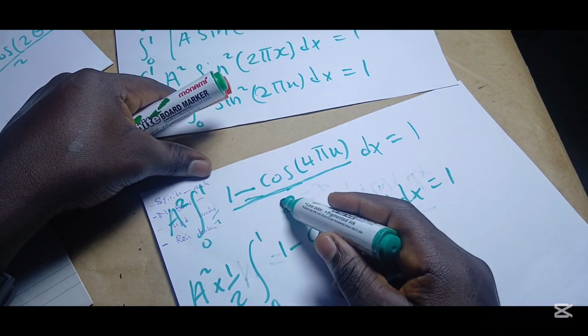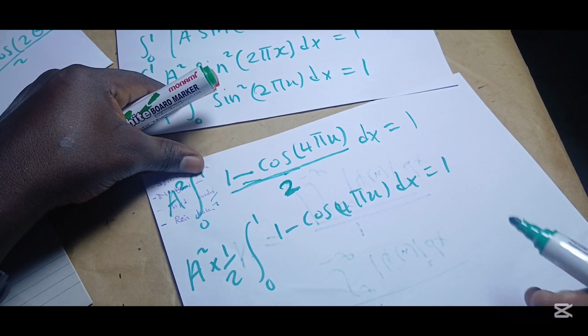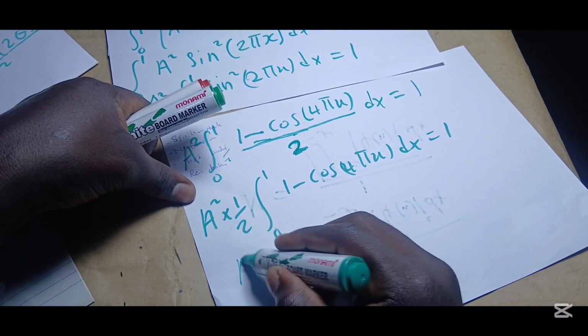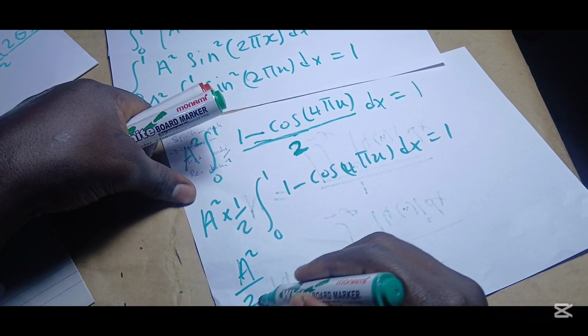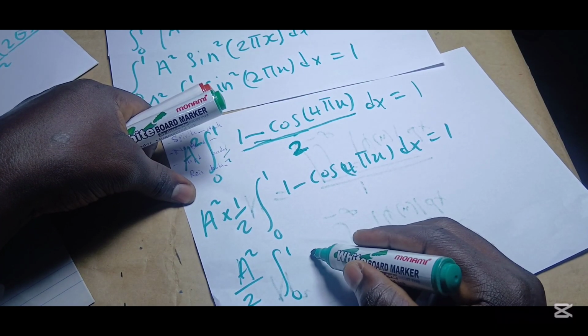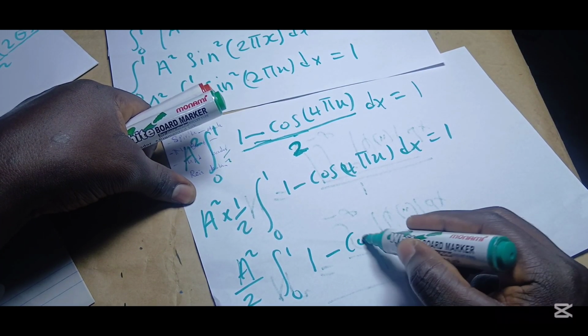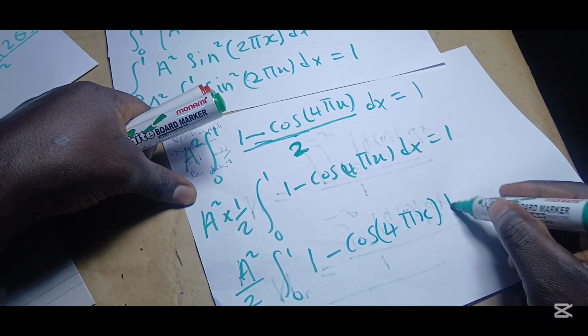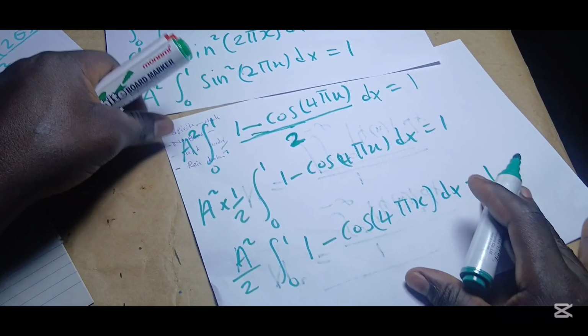We just factored 2 out. So now we can simplify this as a squared over 2 integral from 0 to 1 of 1 minus cos 4 pi x dx equals 1.